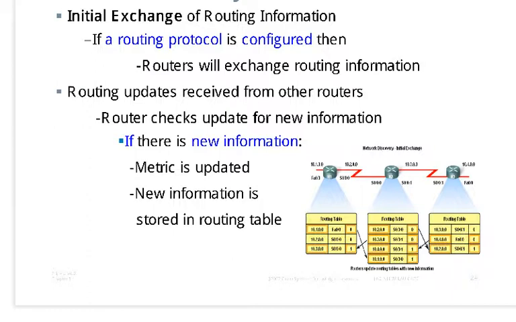Remember that these directly connected LANs share the link between this router and this router. And this directly connected link is shared between this router and this router. So based on that, this router will use only one row in the table, which is this link, because this router does not know about this link. Right? And similarly, this router does not know about this link, so it will insert it in the routing table.